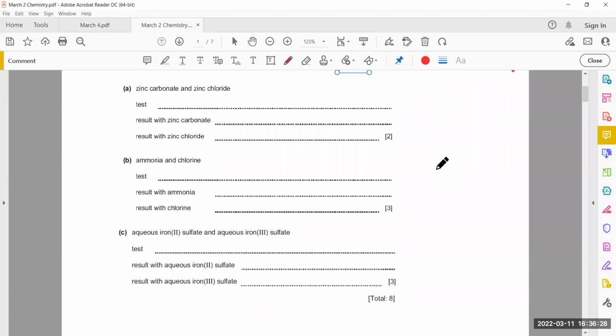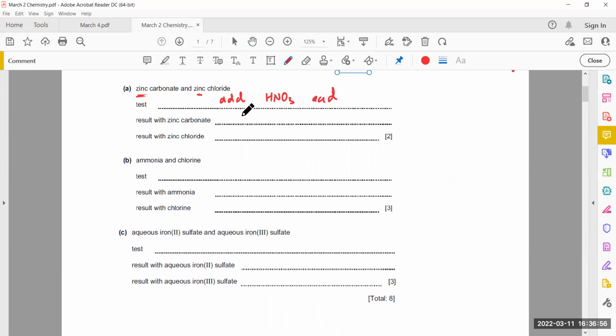All right, let's look at this one. Zinc carbonate and zinc chloride. So you cannot use the test for zinc, because both are zinc. But you can use it for carbonate. What's the difference between carbonate and chloride? Which one will release carbon dioxide gas? Carbonate. How do you make it release carbon dioxide? You add acid, any acid. You can add nitric acid, hydrochloric acid, or sulfuric acid.